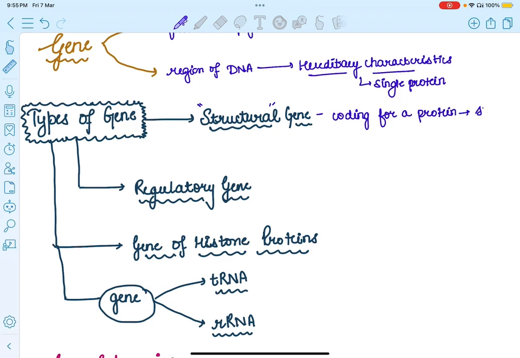The structure of something. That is, it codes for structure forming proteins. Those proteins which form some sort of structures in the cells.